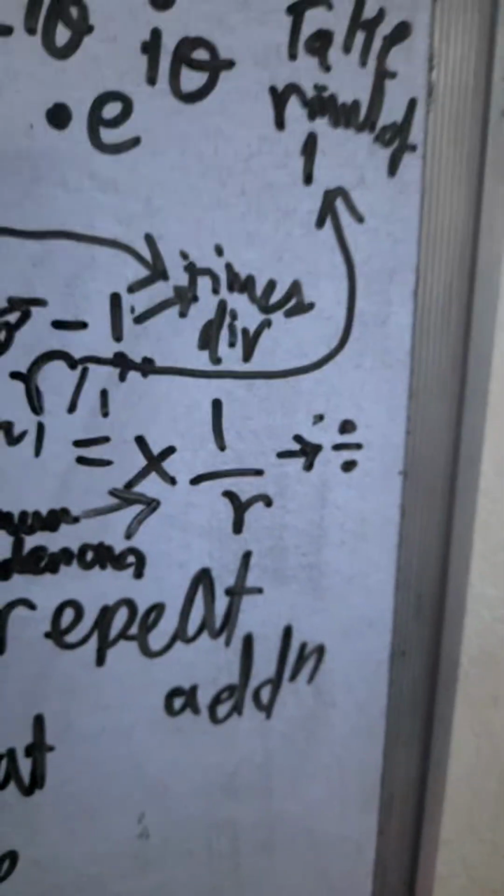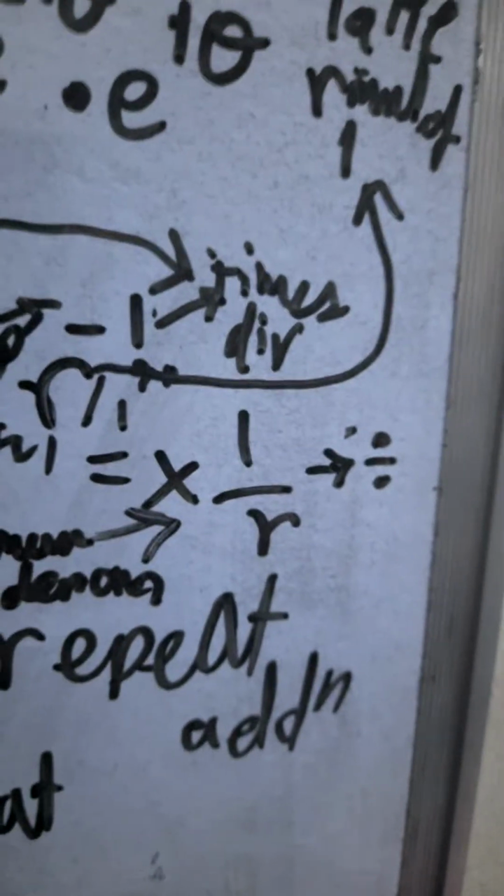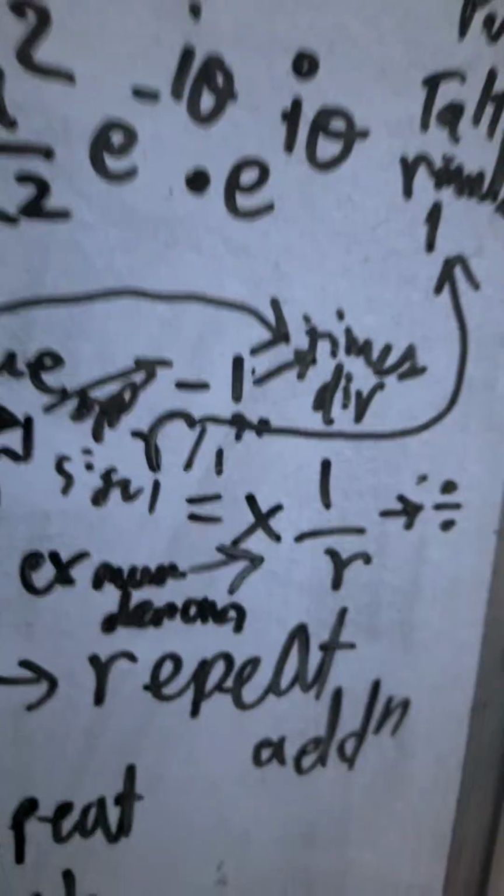And I had to divide by r. So dividing by r is equal to multiplying by 1 by r, because 1 by r is the opposite fraction of r by 1. Multiplying by that is doing division by r, because division by r was the opposite of multiplying by r.